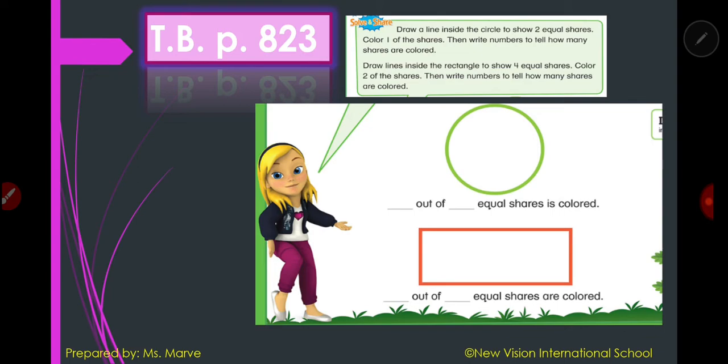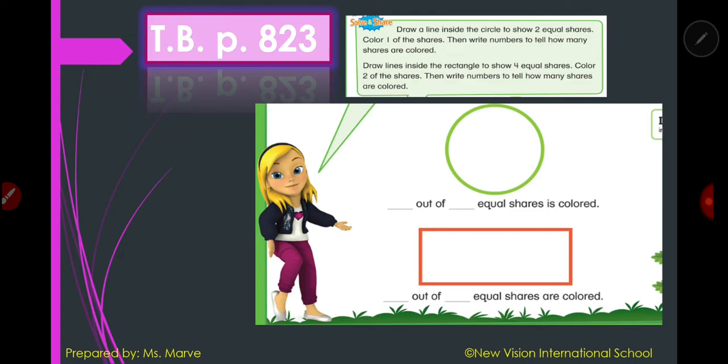How many equal shares should the circle show? And how many shares should you color? How many equal shares should the rectangle show? And how many shares should you color? Does it matter which shares you color for each shape? Why or why not?